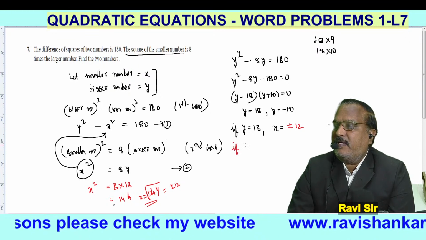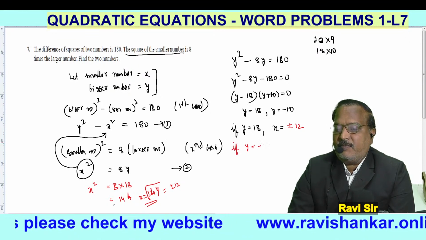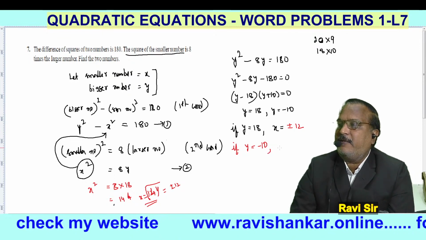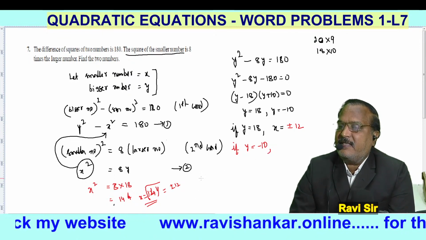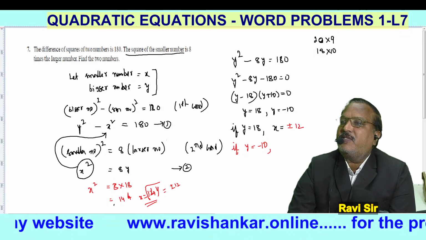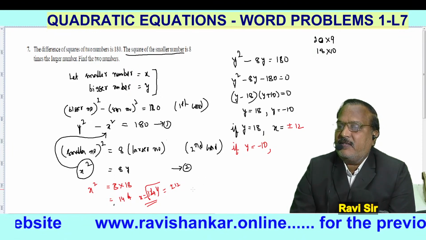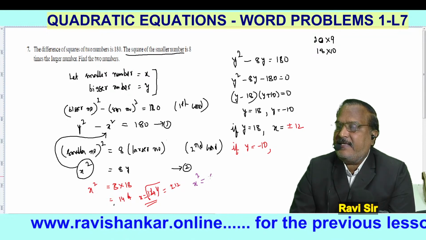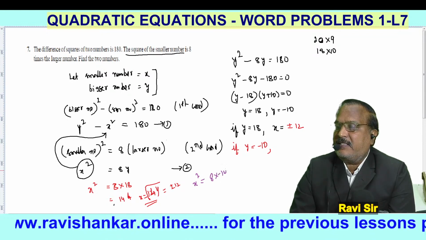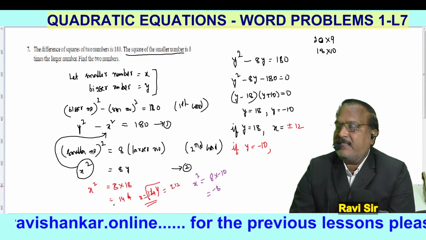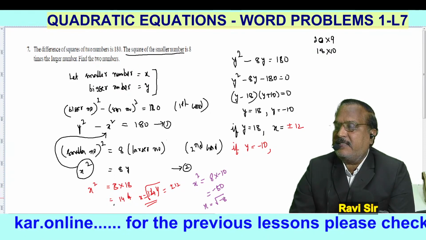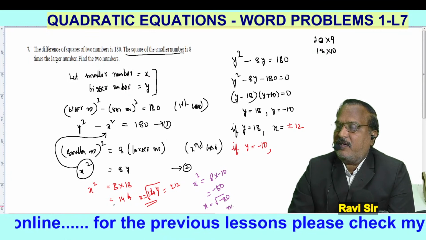If y is equal to minus 10, then what is x? So x square is equal to 8 into minus 10, so minus 80. So x is equal to the square root of minus 80, not real.